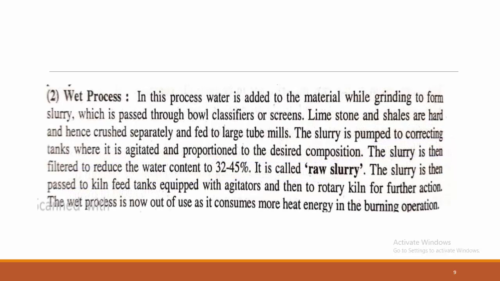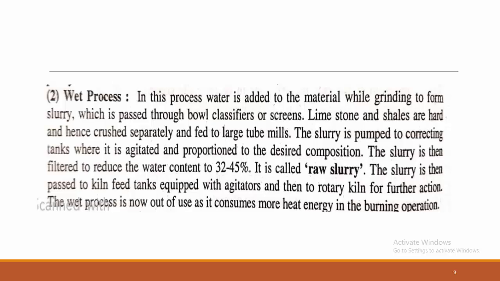Now second is the wet process. This is very important, this is the old process. In the wet process, all the raw materials are taken according to the proportioning, and water is added. Very simple. In this process water is added to the material while grinding to form a slurry.